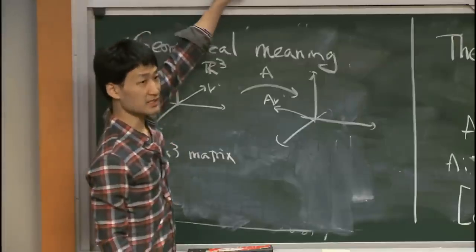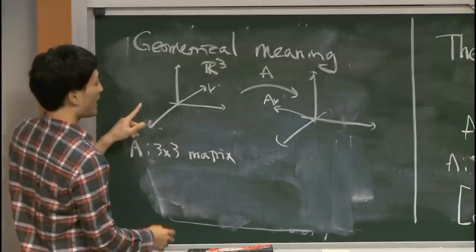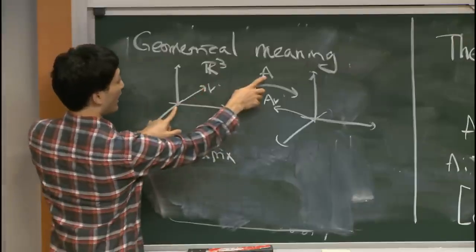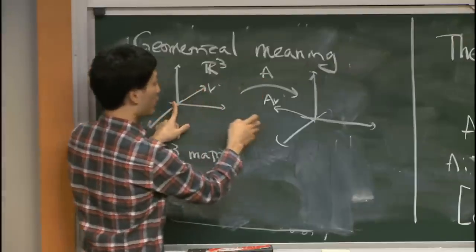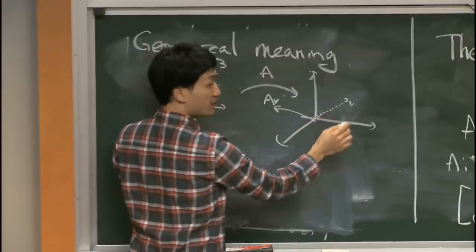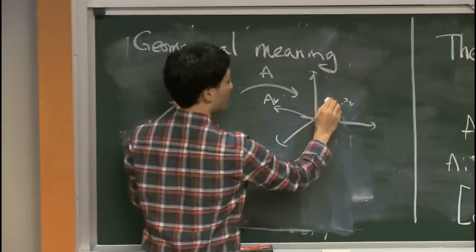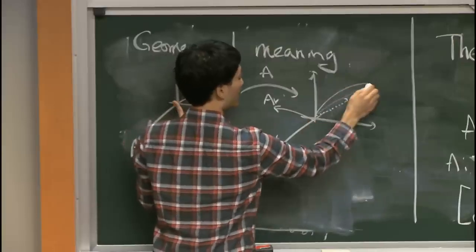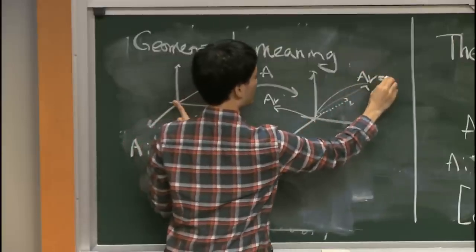But if you have this relation, what's going to happen is A, when applied to v, will just scale the vector v. So if this was the original v, A of v will just be lambda times this vector. That will be our A of v, which is equal to lambda v.